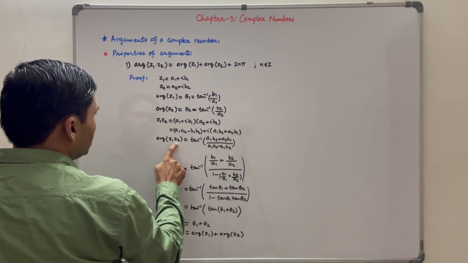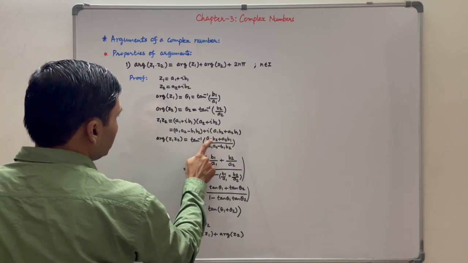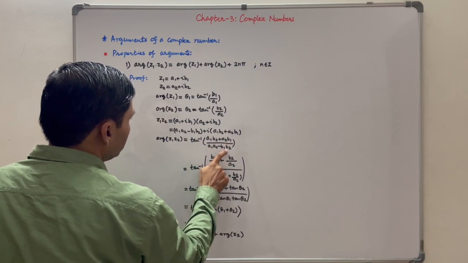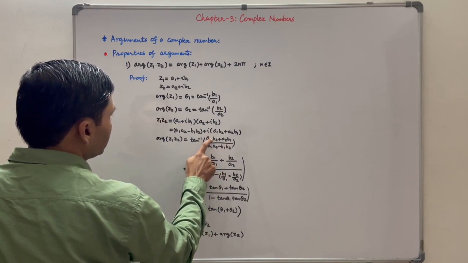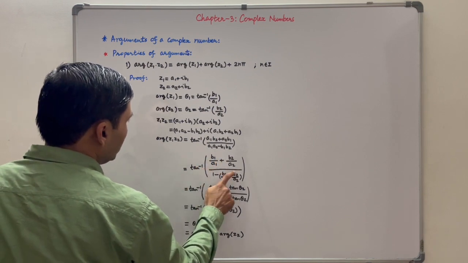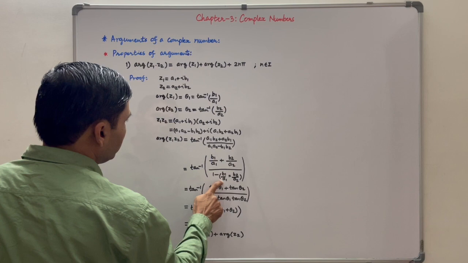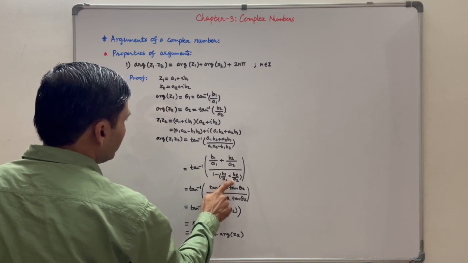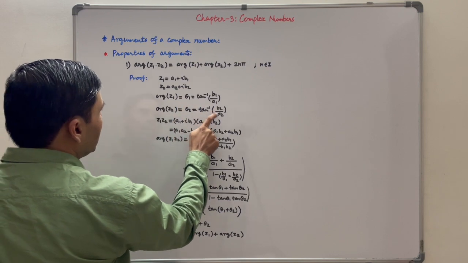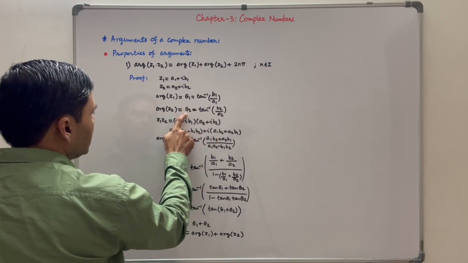Argument of z1 z2 is equal to tan inverse of (a1 b2 plus a2 b1) upon (a1 a2 minus b1 b2). This can be rewritten as (b1 upon a1 plus b2 upon a2) upon (1 minus b1 upon a1 into b2 upon a2). b1 upon a1 is equal to tan theta 1 and b2 upon a2 is equal to tan theta 2.